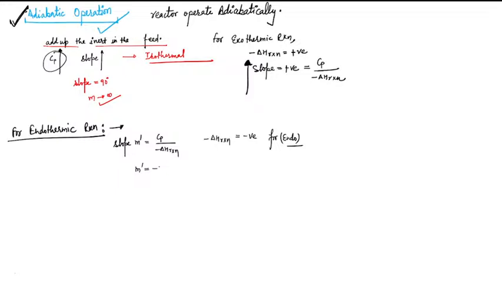It will be negative. So what will we do? Add the inert in the feed at the maximum feed temperature from the start.